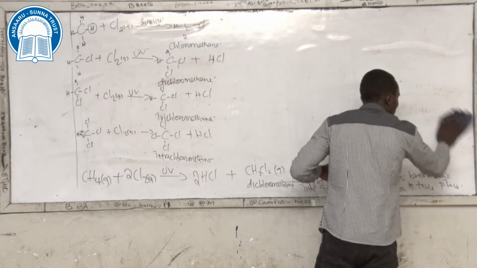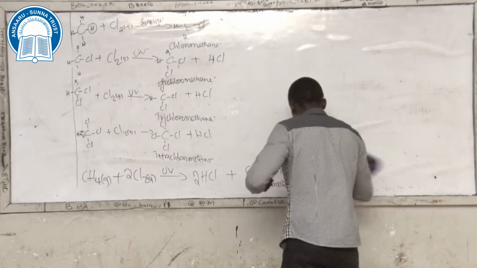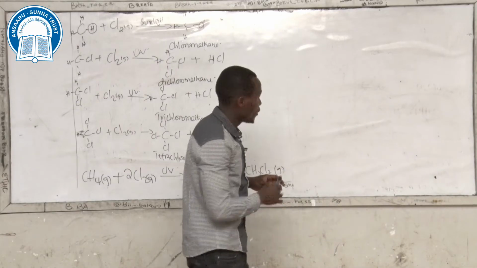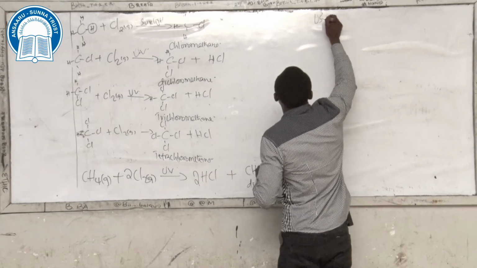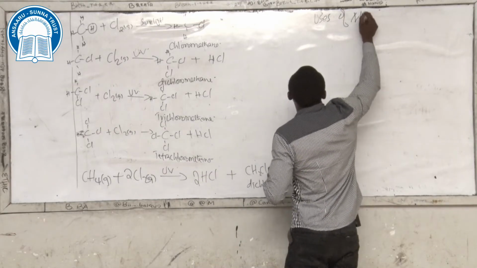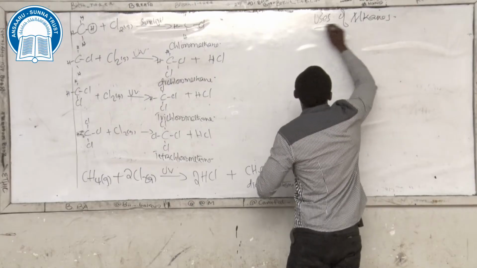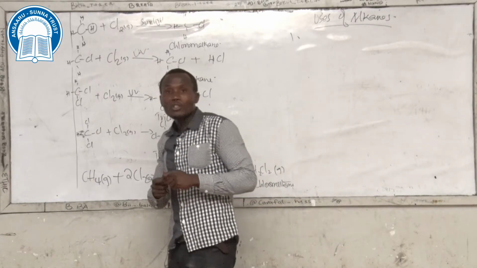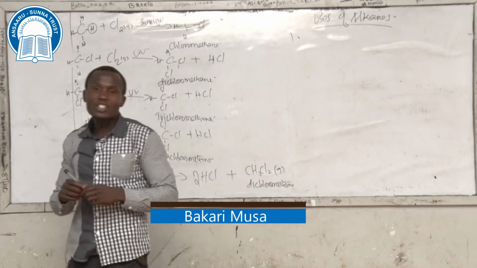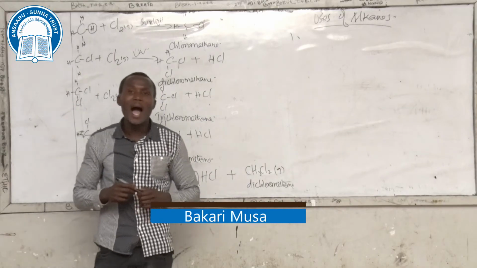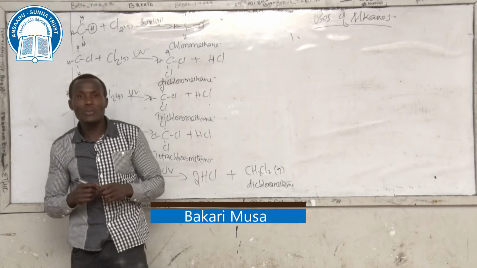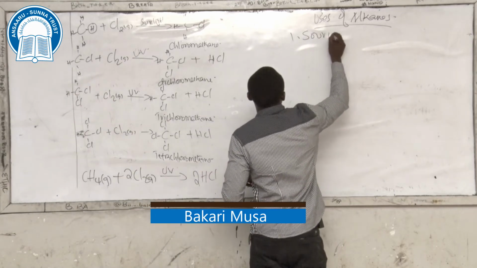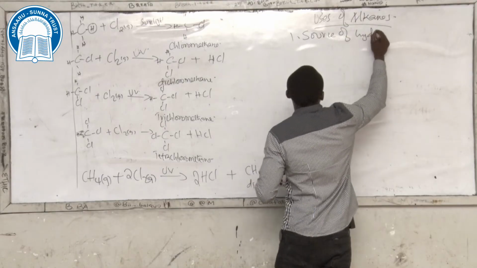One use of alkanes is as a source of hydrogen. That is during cracking of long-chained alkanes. So we talk of source of hydrogen during cracking of long-chained alkanes.